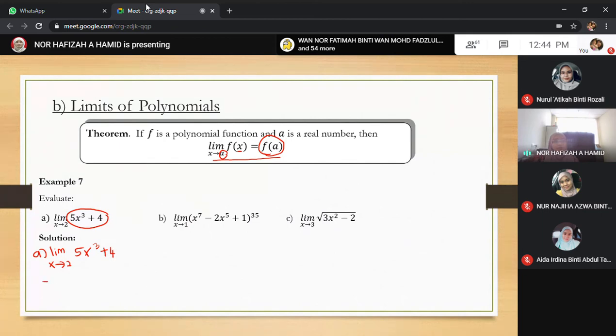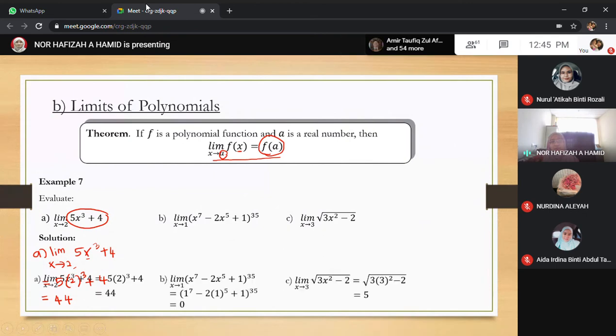Okay, so you nak compute limit, senang je, you terus substitute je value x tu with 2. So 5 times 2 to power 3 plus 4. Okay, so you get the answer equal to 44. Okay, so answers for A is 44.